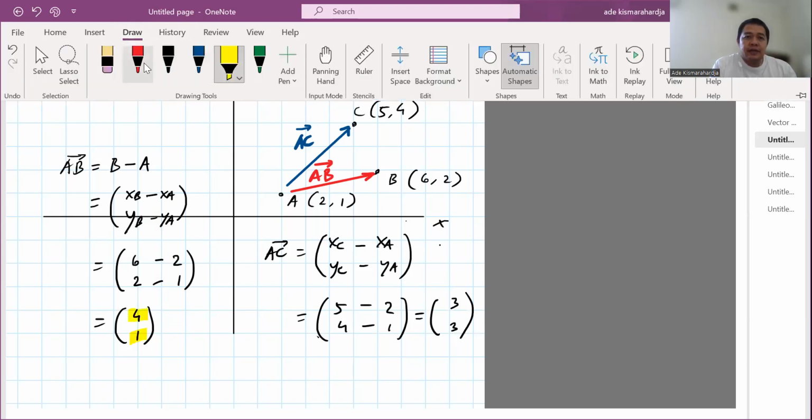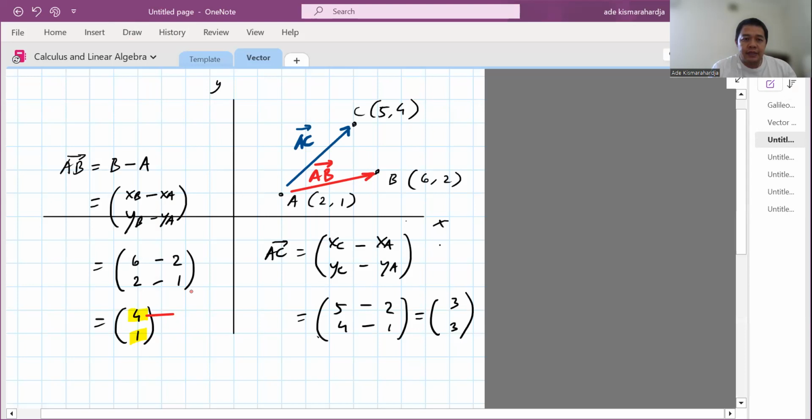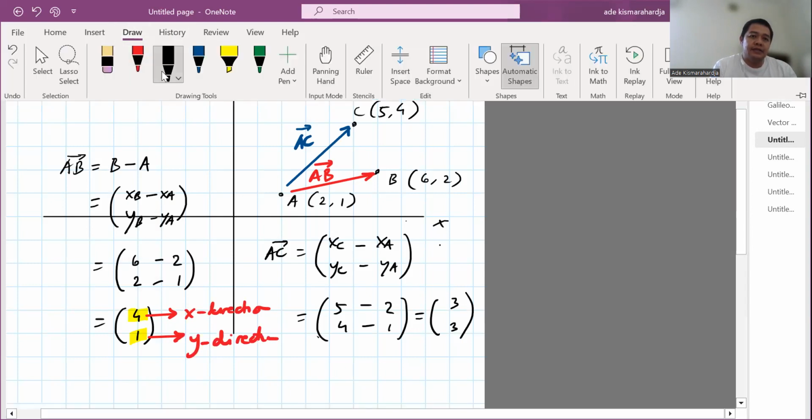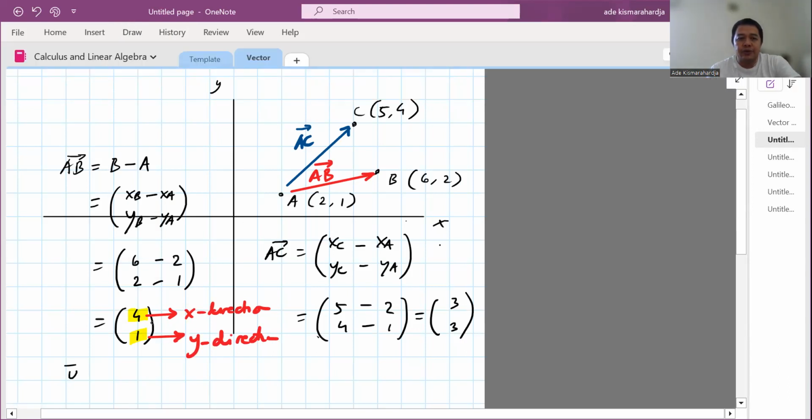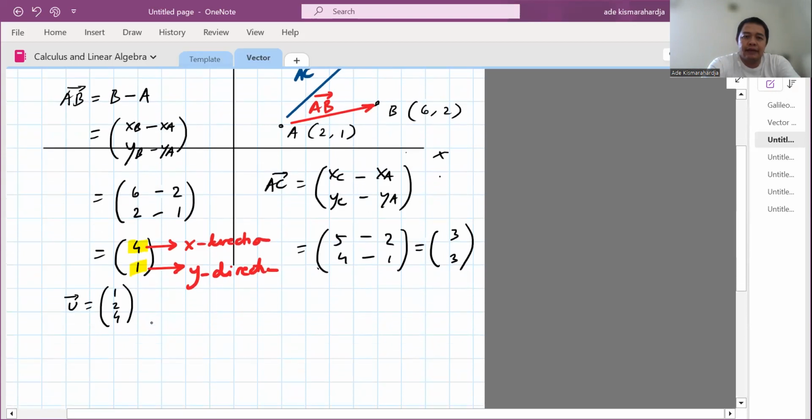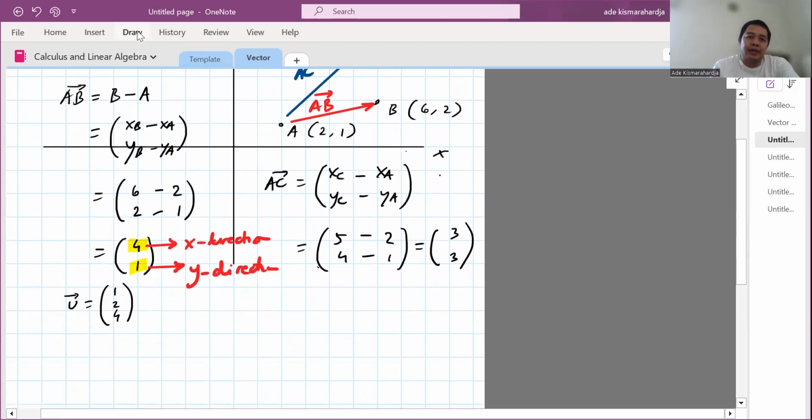That's why they are vectors in two-dimensional space. So this is the first component in the horizontal direction or X direction. And this is the second component, in the Y direction or vertical direction. Now, if you have other vectors that have 3 components, for example, I have now vector u, and let's have now (1, 2, 4) for its components. Therefore, we have now a vector in 3-dimensional space.